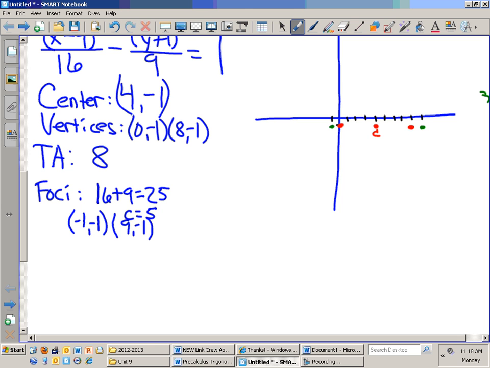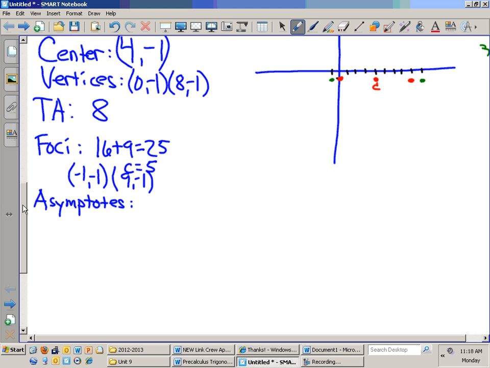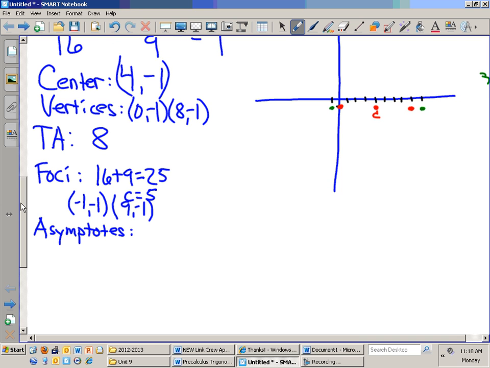What's the last thing I need for a hyperbola? Asymptotes. And asymptotes are lines that the graph approaches but never touches. And in order to draw the box for my asymptotes, I'm going to have to stretch this thing vertically. How many units vertically is this going to be stretched? 3, because you have 9 in the denominator.